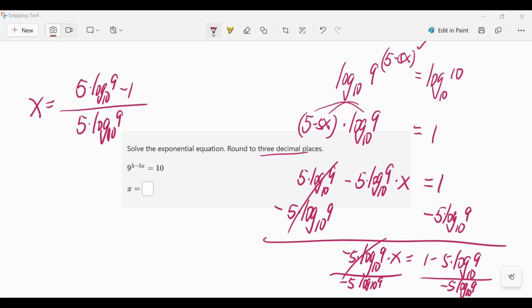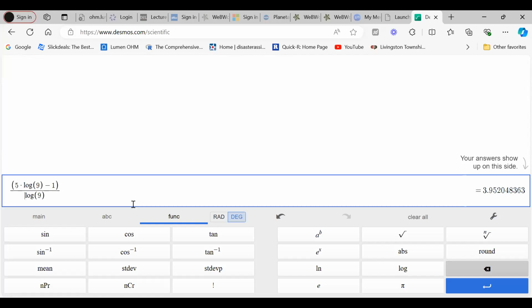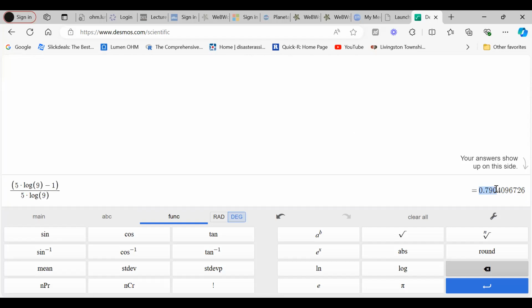Go back to that scientific calculator. I forgot to put a 5 here, that's why. So that will be 0.790. We round to 3 decimal places, 0.790.